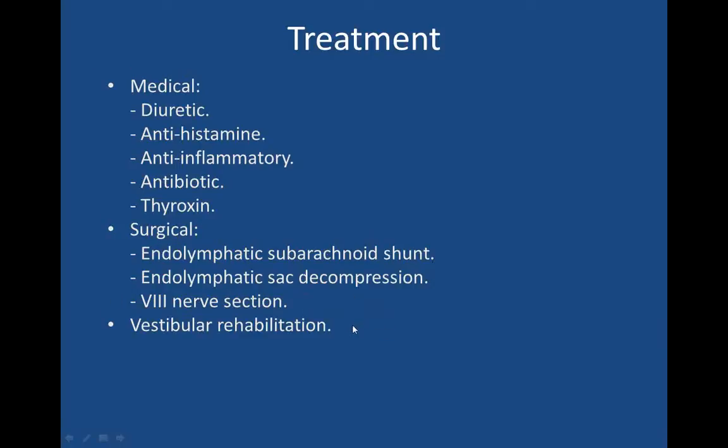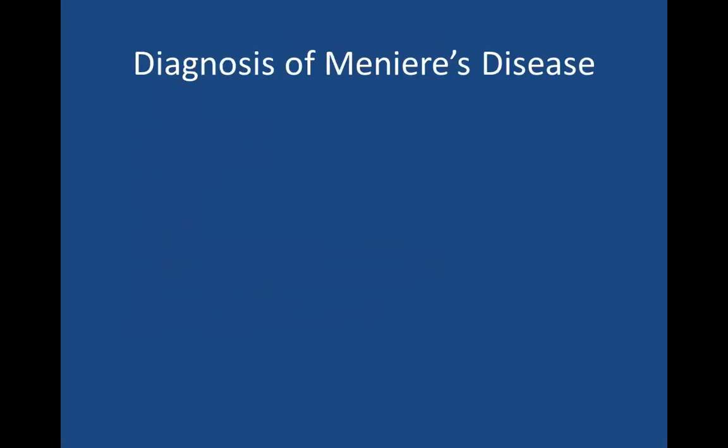And you'll find reports in the literature where any one of these has been effective, but certainly not the standard choice of treatment for all Meniere's patients, because there are also reports that show that the endolymphatic subarachnoid shunt hadn't been effective, or the decompression wasn't, or people still have concerns even after the nerve has been sectioned.